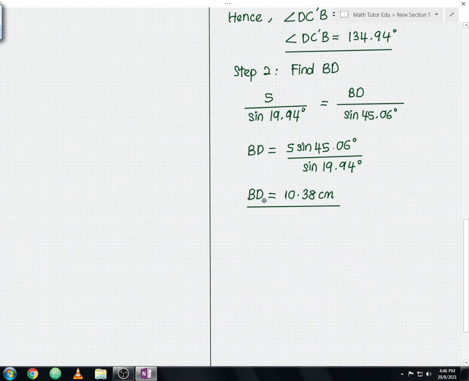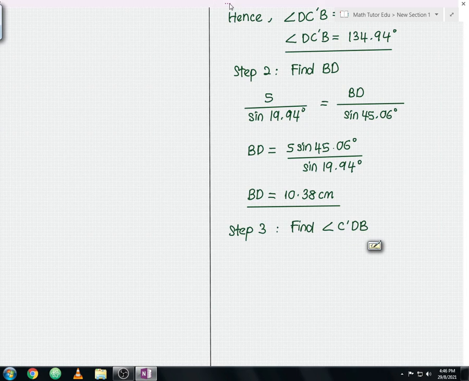Step 3, find angle C'DB. Let me underline this, and this as well.